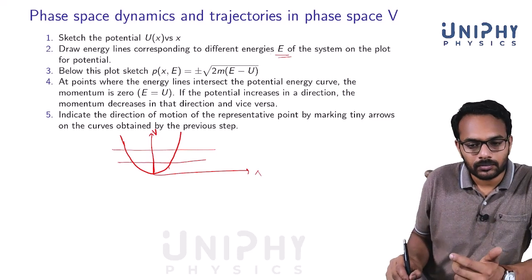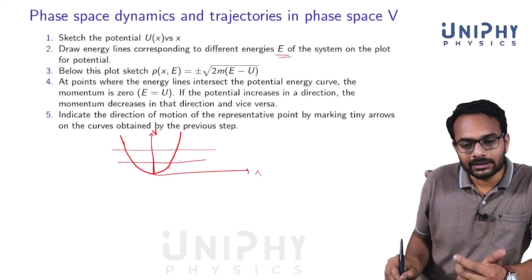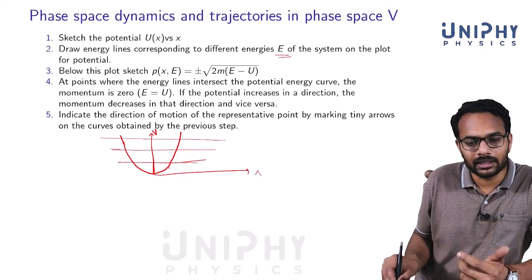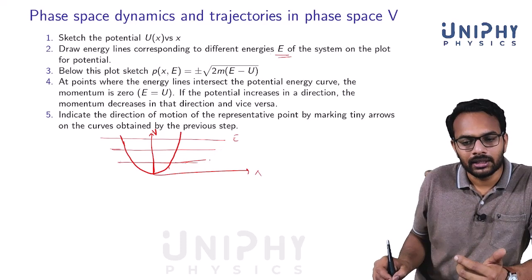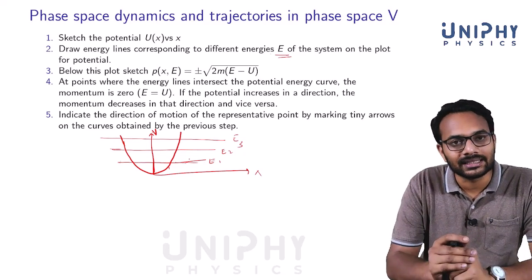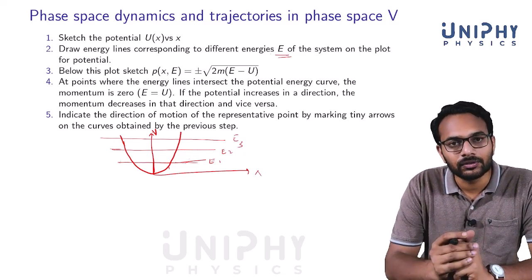So this line corresponds to constant energy. This is another line corresponding to constant energy, and we can draw any number of lines. Let's call these E1, E2, E3. So we have plotted the potential and we have drawn lines corresponding to different values of energy.